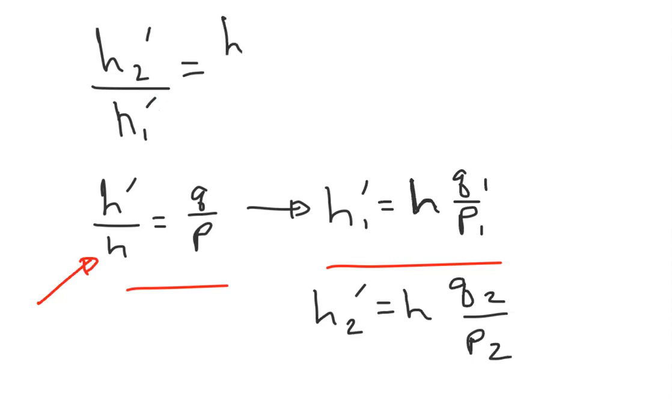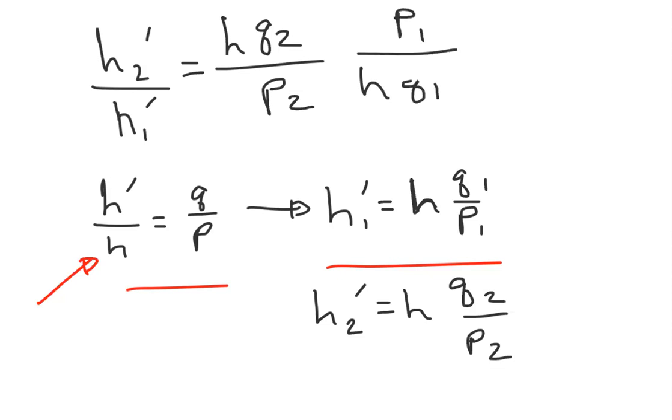So we know H is equal to Q2 over P2, right? And then we know that H1, which is on the bottom, is going to be equal to H, Q1 over P1. And then you're saying these are going to cancel, right?